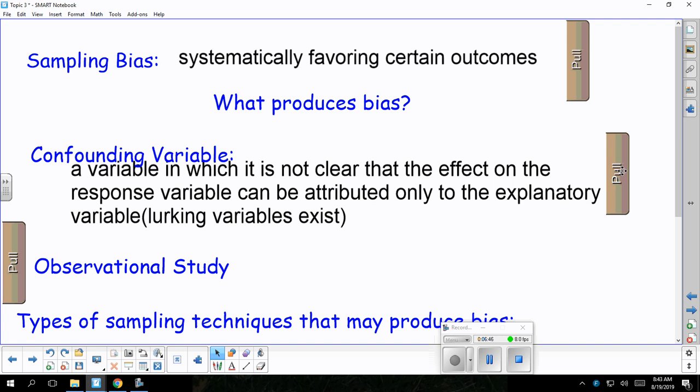Or is there another variable in there that could explain that damage piece? Bigger fire, right? A bigger fire is going to cause more firefighters to go, and it's going to cause more damage. So though there is a pretty strong link between the number of firefighters at the fire and the damage caused, there's not necessarily cause and effect, because of that confounding variable, the size of the fire.